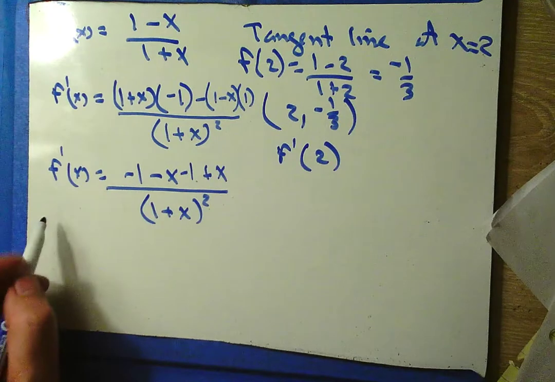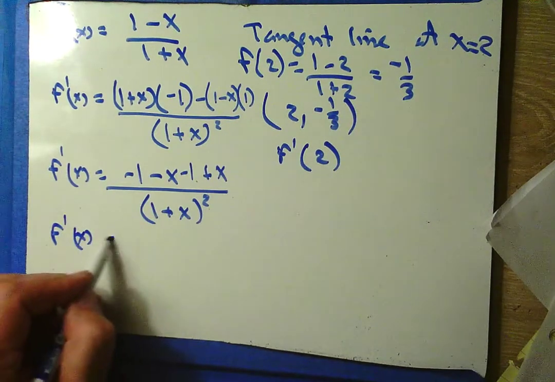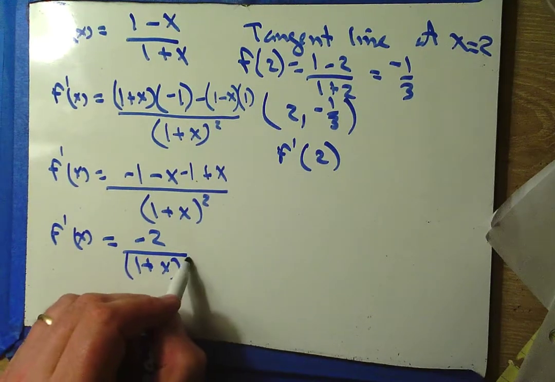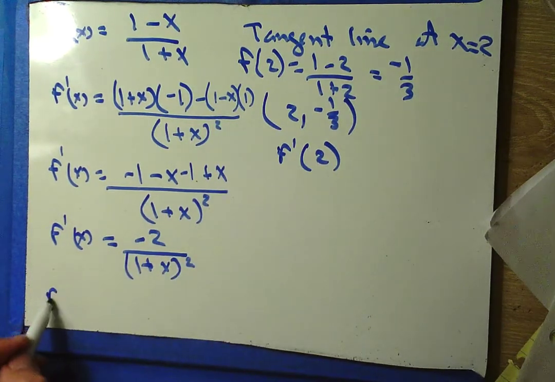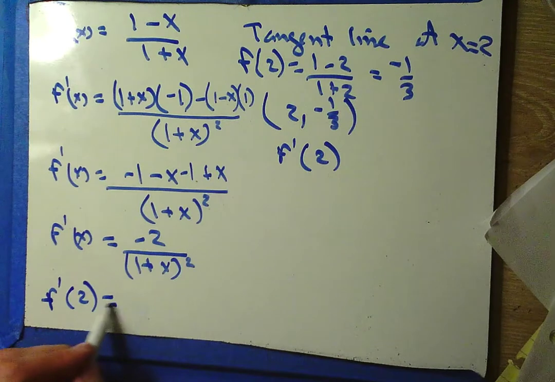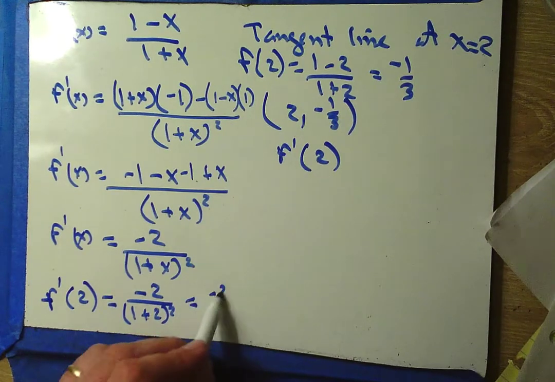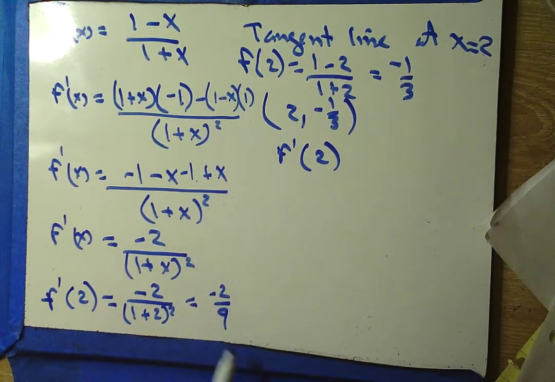So if we combine like terms here, we get that f prime of x is negative 2 over 1 plus x squared. And we want f prime of 2. So that's negative 2 over 1 plus 2 squared, or negative 2 over 3 squared, which is 9.